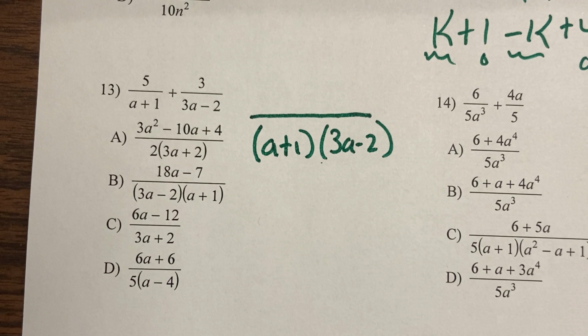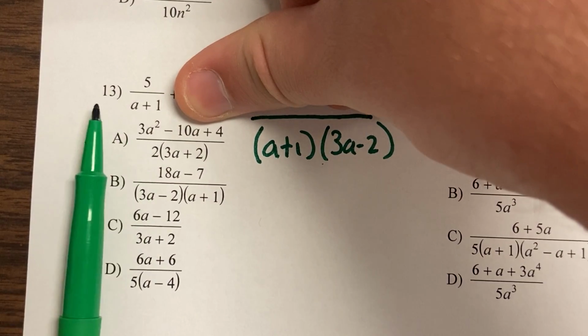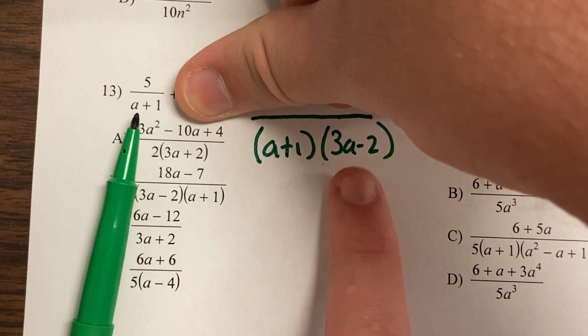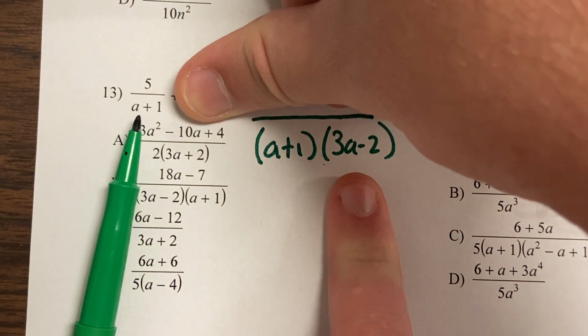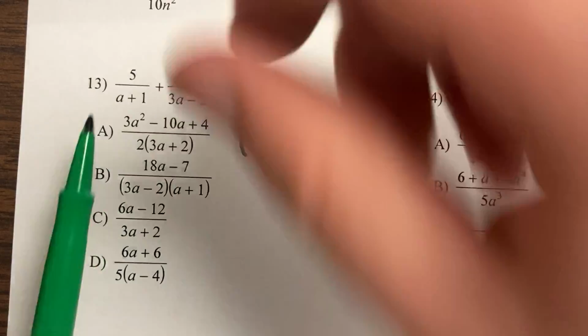So one thing I always ask myself, well, what part of that fraction is missing? If we look at this first fraction, I have an a plus 1. Well, in my denominator, what part is missing? What's a 3a minus 2? The only way to get that there is through multiplication.